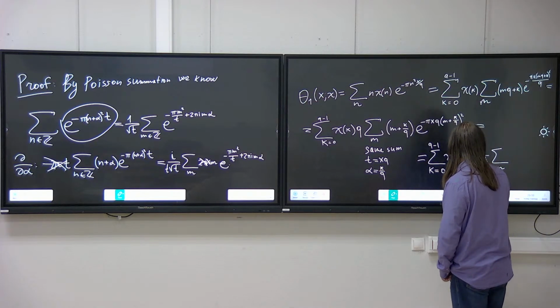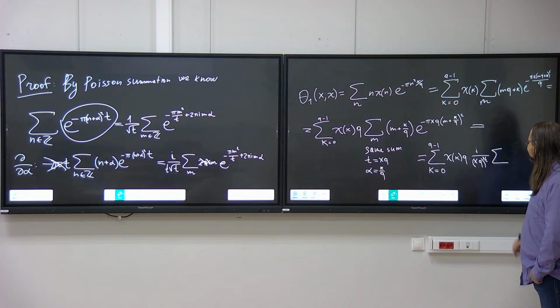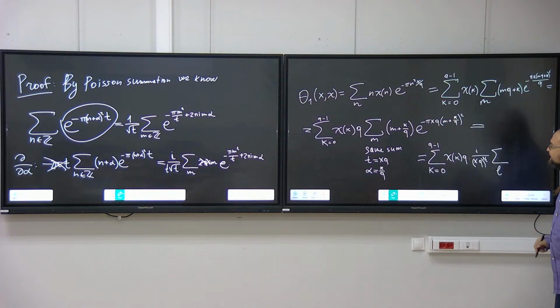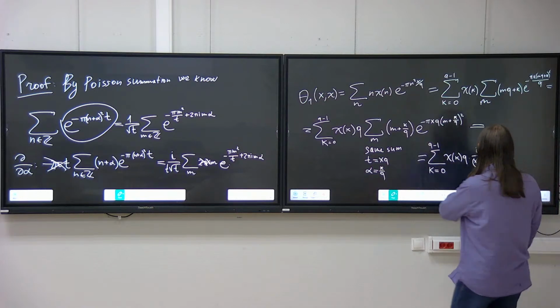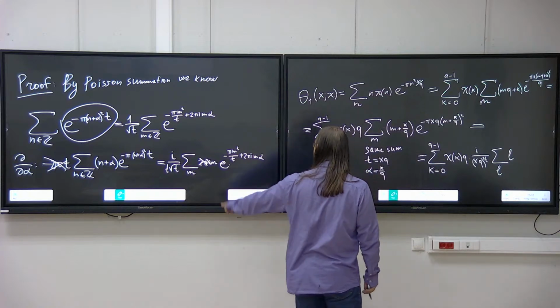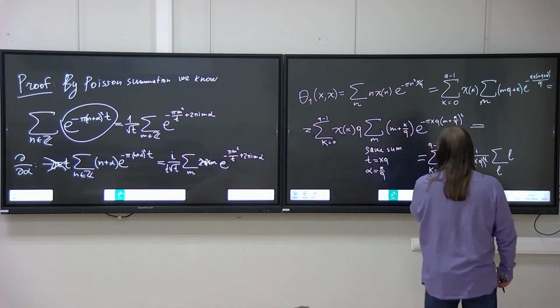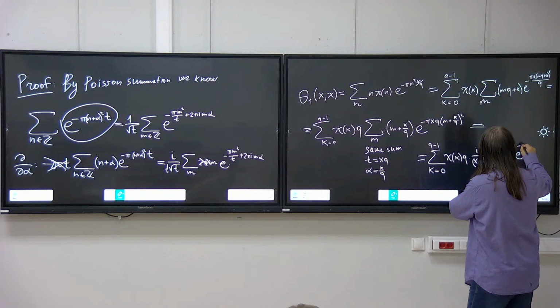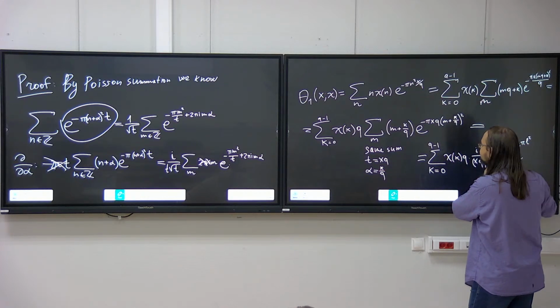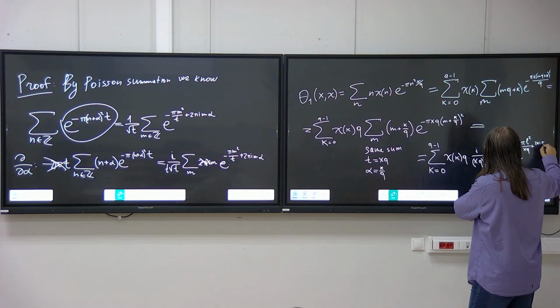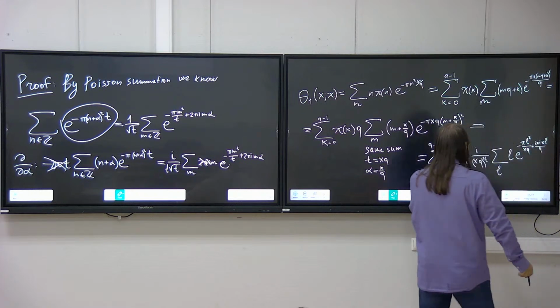Yeah, this is the problem, because let us transform it into a sum over l, sum over all l, with xq to the power 3 over 2 below, as here, l e to the power minus pi l squared over xq, and plus 2 pi i k l over q. Right?